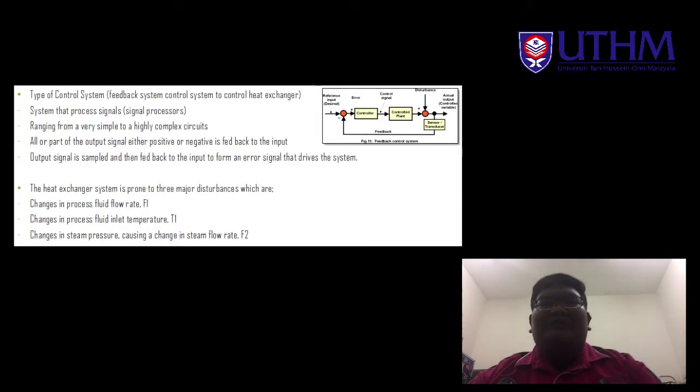For our project we use a heat exchanger. The heat exchanger system is prone to three major disturbances: changes in process fluid flow rate, changes in process fluid inlet temperature, and lastly change in steam pressure, causing a change in steam flow rate.